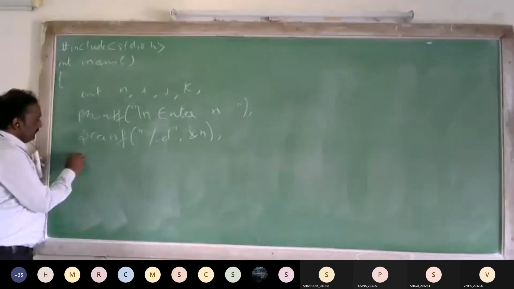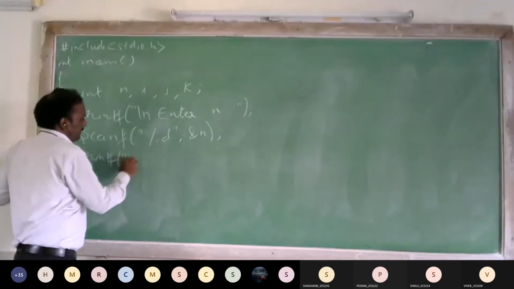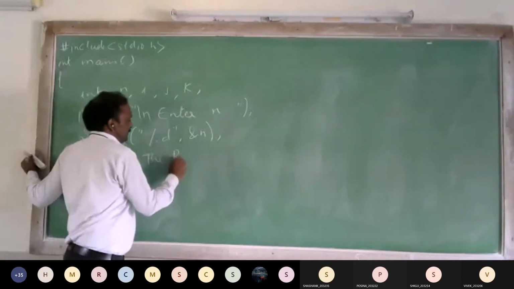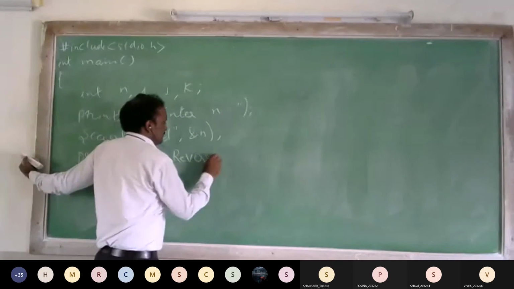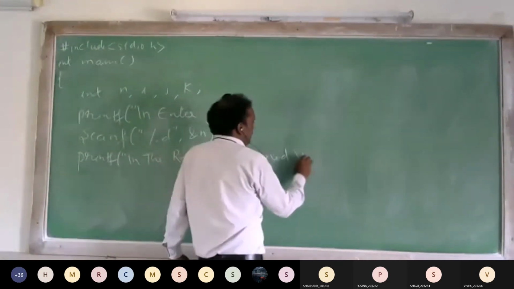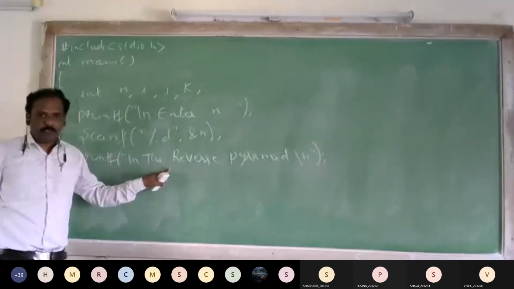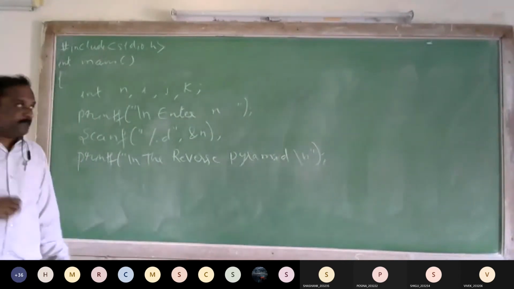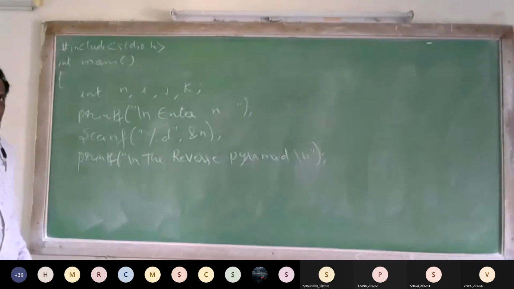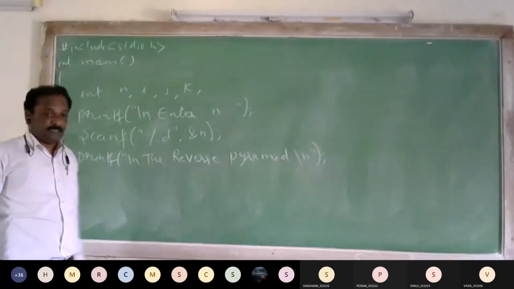Now I'll print a message, printf \n, the reverse pyramid. This is just a message onto the output screen. Instead of simply printing the stars, I want to display the message, the reverse pyramid, along with it.